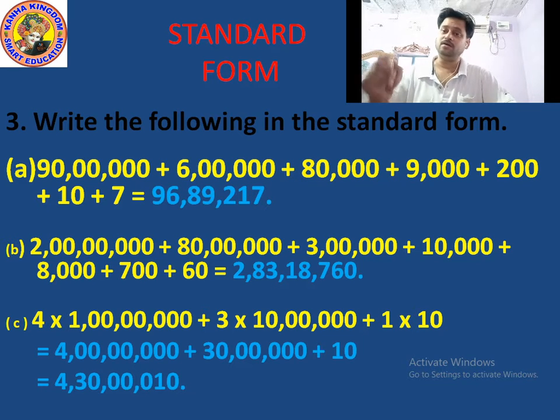This is the B part of this third question. So the B part is 2 comma 00 comma 00 comma 000 plus 80 comma 00 comma 000 plus 3 comma 00 comma 000 plus 10 comma 000 plus 8 comma 000 plus 700 plus 60.